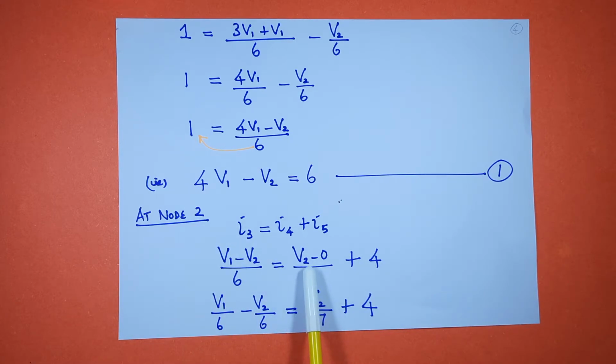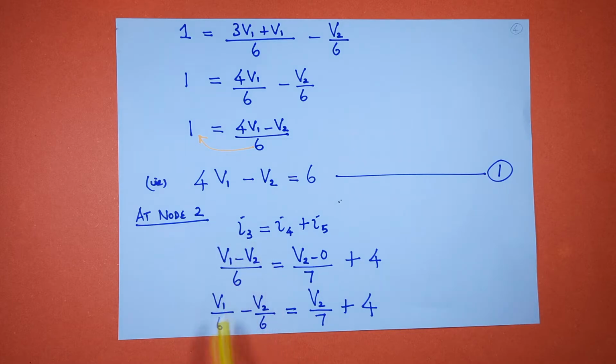I4 is nothing but V2, it is higher potential, minus 0 lower potential divided by 7. 7 is the resistance. And then I5 is 4. We have already given in the problem.